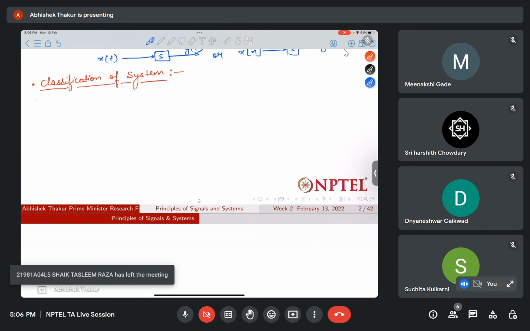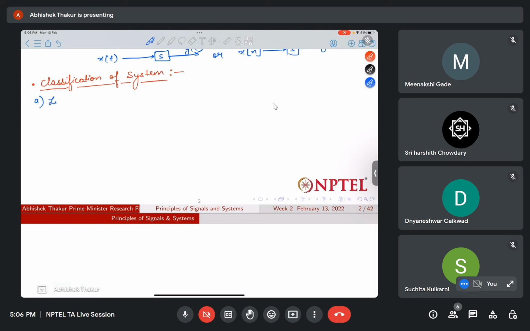Okay. The first we will see is linear and non-linear systems. Second is time invariant and time variant. There can also be a combination of these two, like the LTI system, that is, linear time invariant system. This is very, very important according to the GATE examination or any other competition.